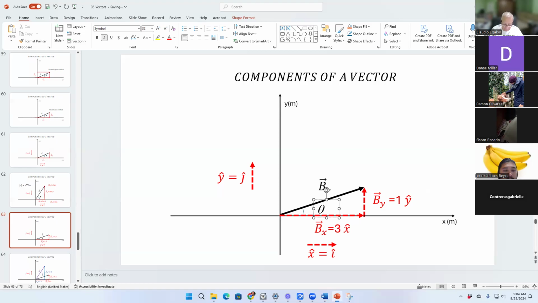I cannot find a prime here. Well, let's leave it this way.